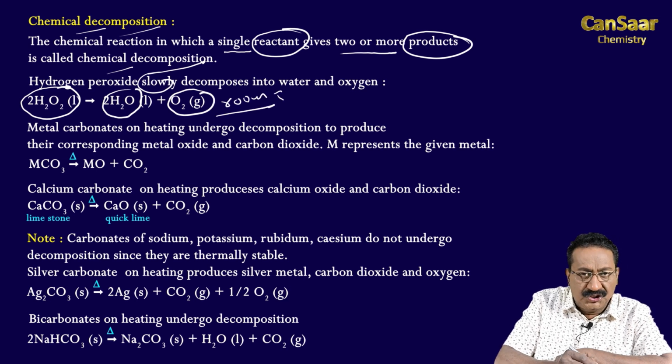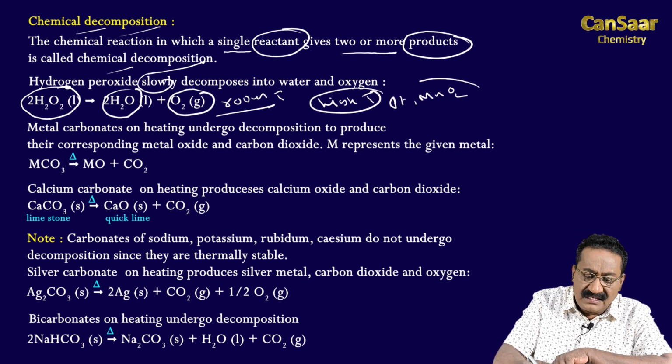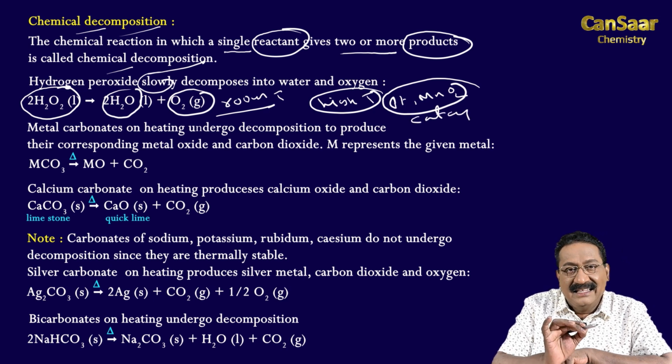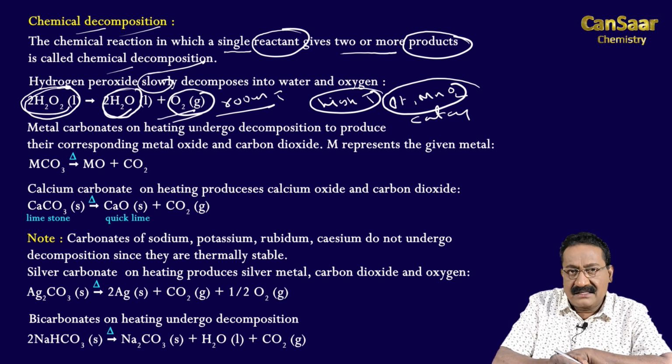This decomposition is much faster at high temperature. And platinum and manganese dioxide act as catalysts. They speed up the decomposition of hydrogen peroxide into water and oxygen gas.